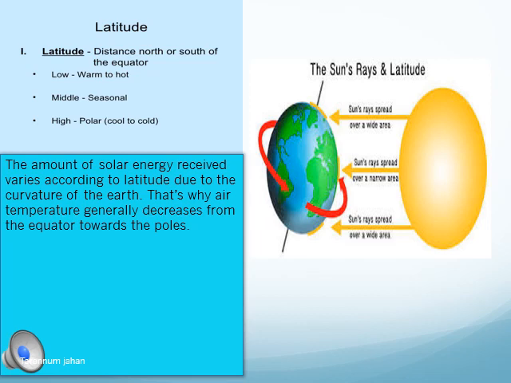That is the reason why the temperature in the equatorial region is very hot, whereas the temperature at the poles is temperate and frigid. So yes, even latitude plays a very important role in changing the climate, isn't it?